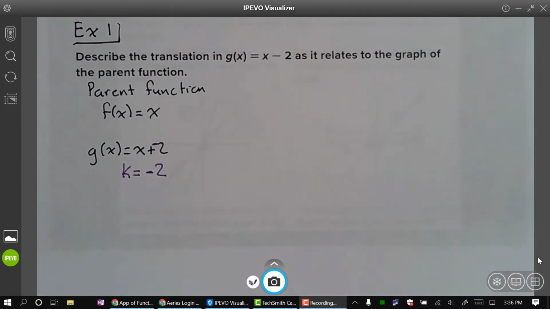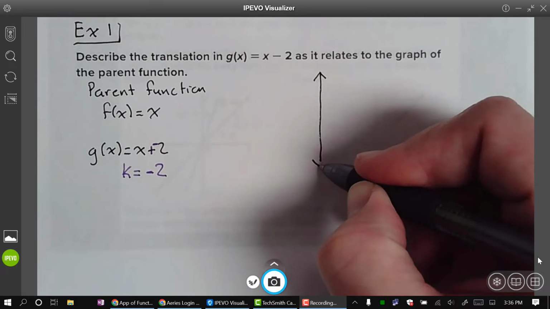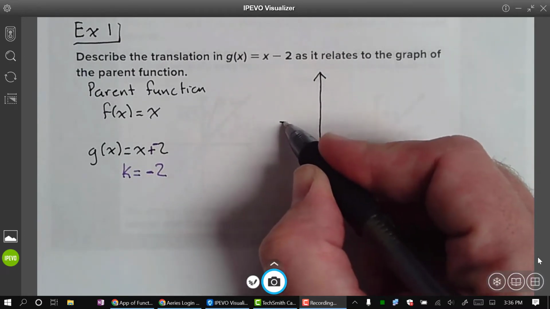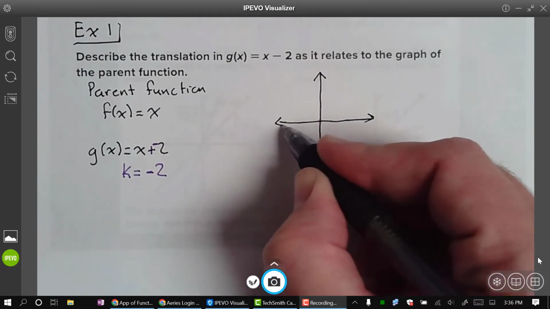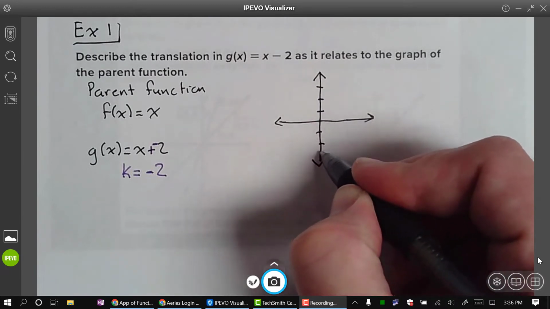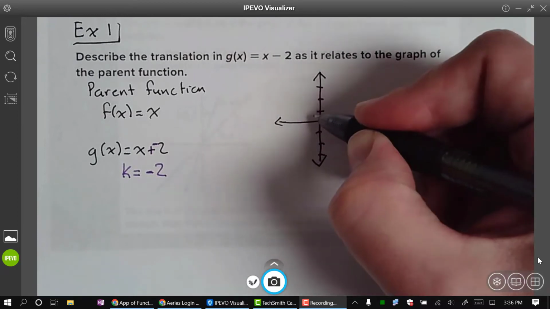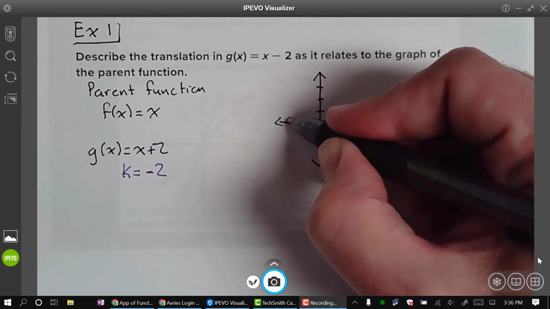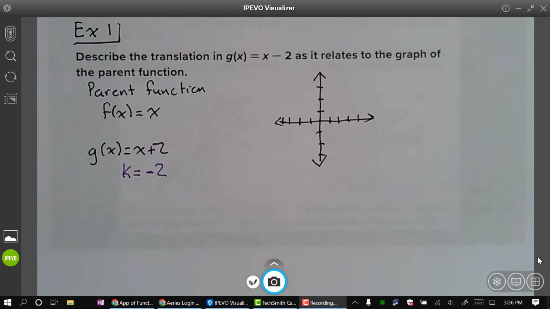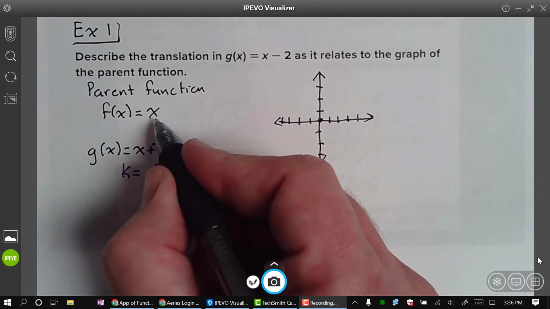Let's graph this. I'm going to start off with graphing my parent function. I'm going to put a point right here at 0, because that is the y-intercept.